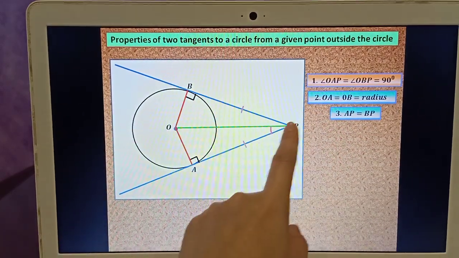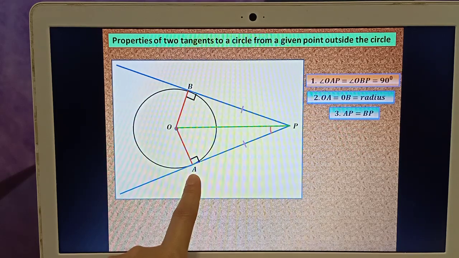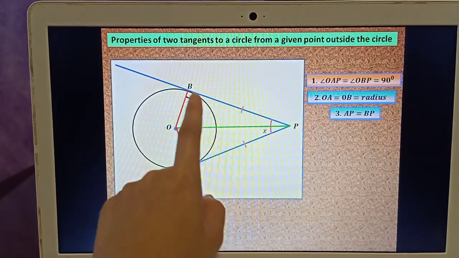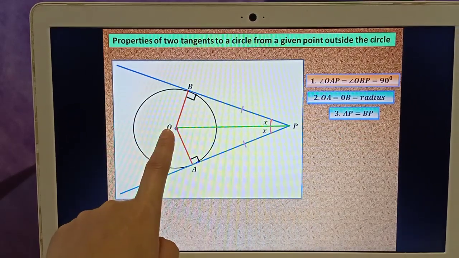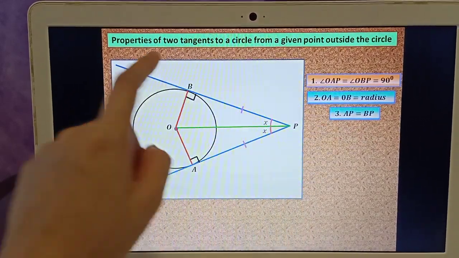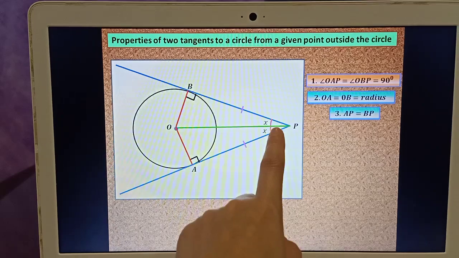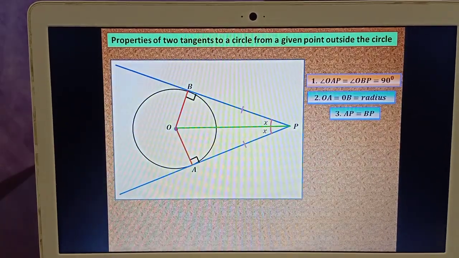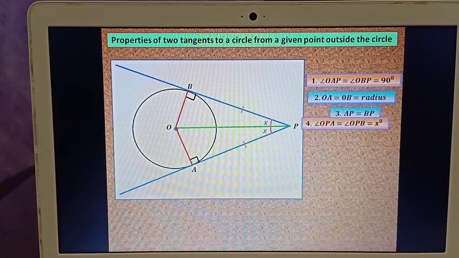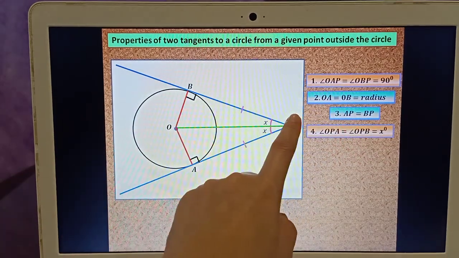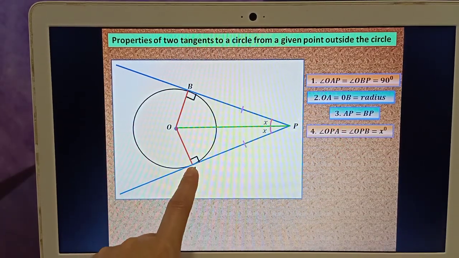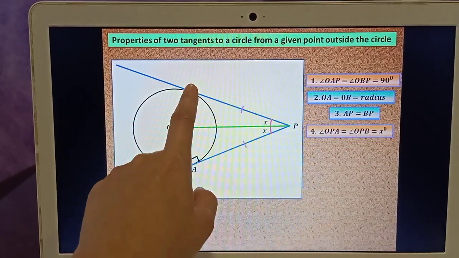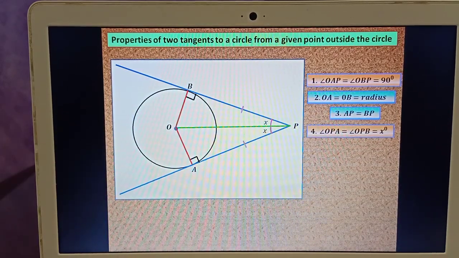Angle OPA is equal to angle BPO, or OPB also. So these two angles are equal. That's why I write x. So this is what I explained just now. Angle OPA is equal to angle OPB, which is x. Okay, next.